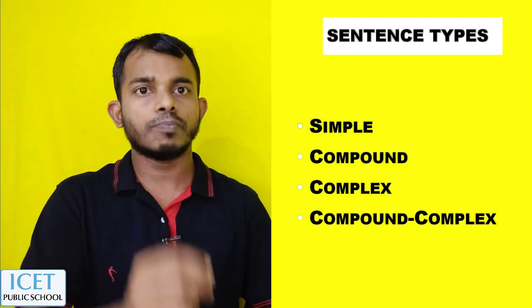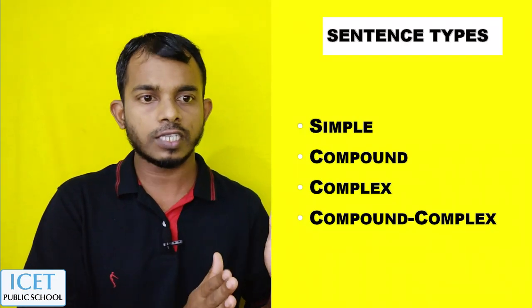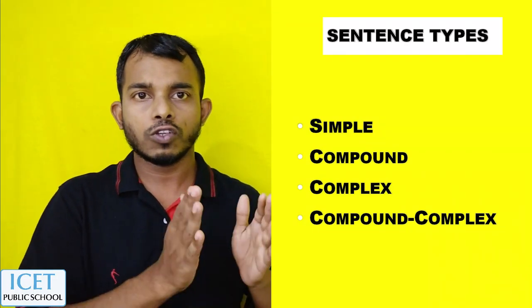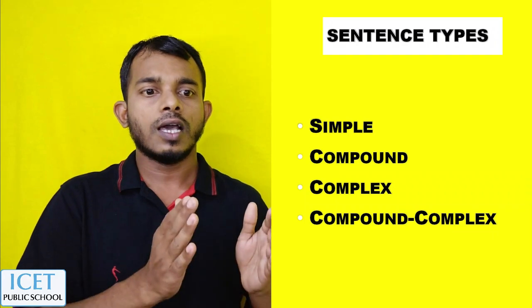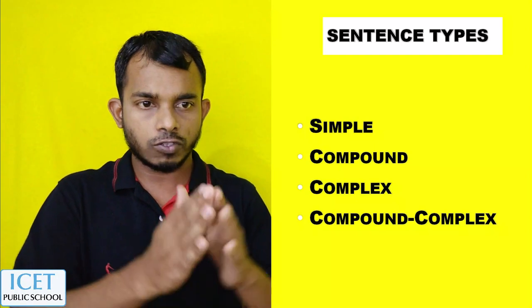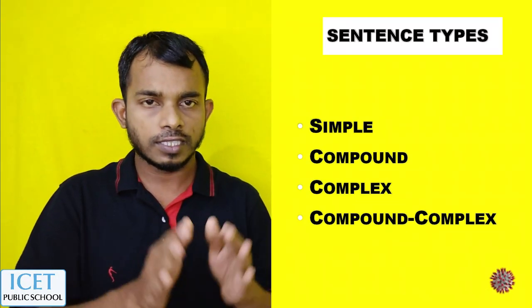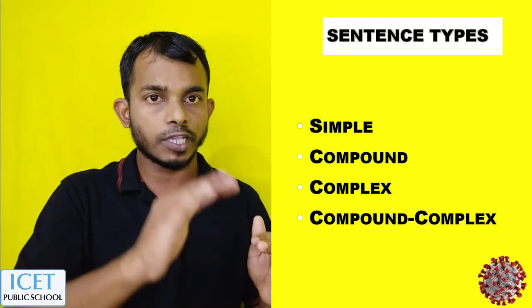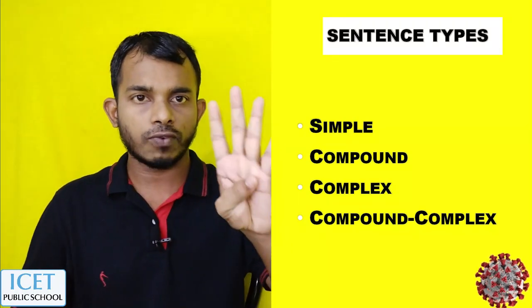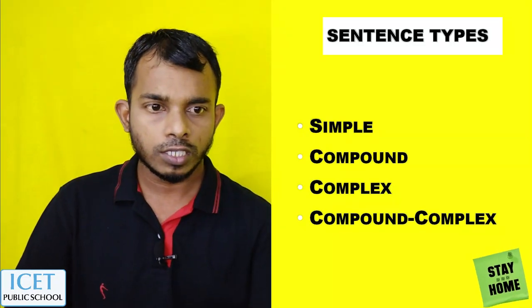Once again, please repeat in your mind the types of sentence. One is simple sentence, compound sentence, complex sentence, and compound complex sentence. I hope you understood the names of the sentence types. These are based on the structure. We have 4. Clear? I am moving on one by one.